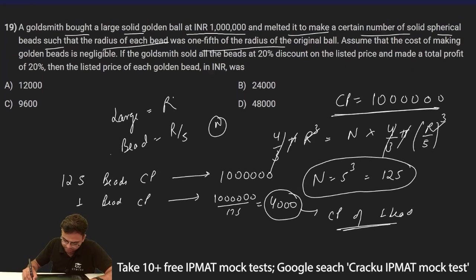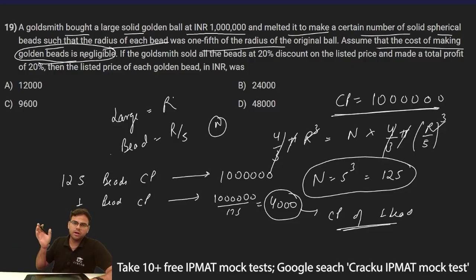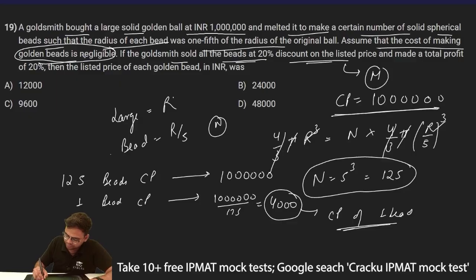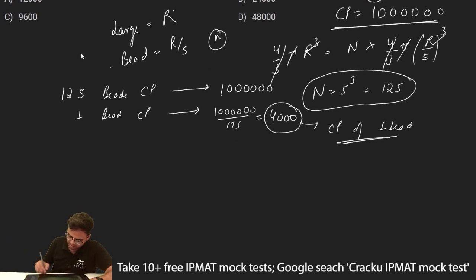Now what we have? Further it is saying assume that the cost of making golden beads is negligible. It has said that you don't have to consider the cost of making golden bead. The entire cost is being transferred to basically the beads. If the goldsmith sold all the beads at 20% discount on the listed price, let's say the listed price is M. So 20% discount, so selling price will be, what was the listed price?